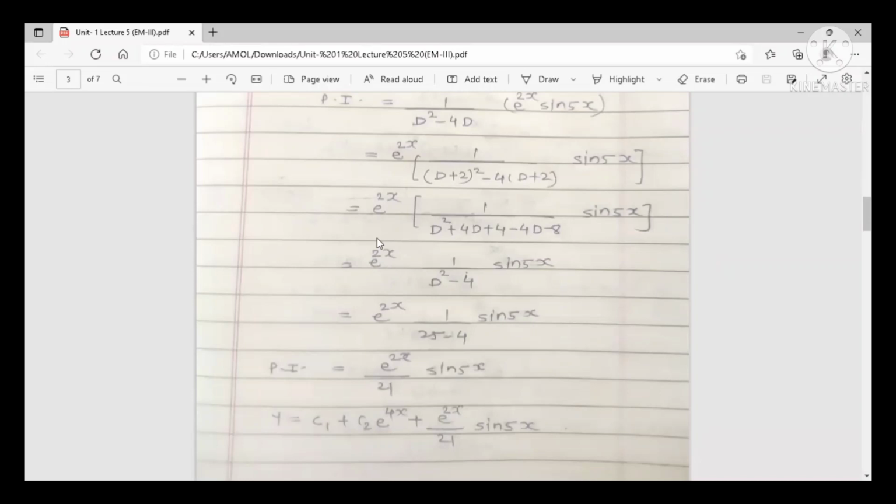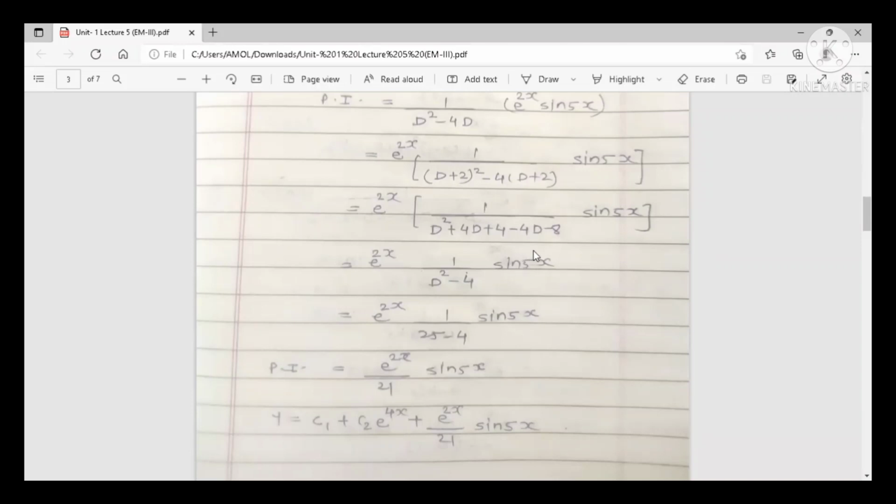Now the work of the exponential function is over. Now you solve for V. V is here sine 5x. Now you know how to solve for the trigonometric function sine 5x. You use case 2 or type 2 when there is a trigonometric function. We replace the terms of D square by minus a square.